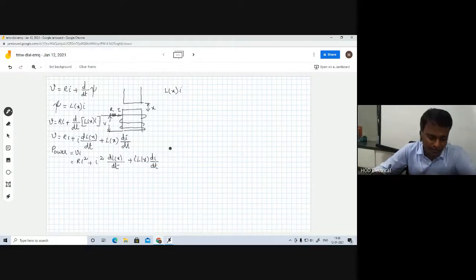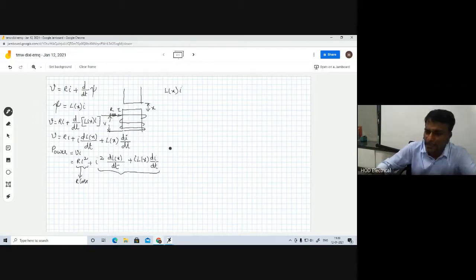I squared R is nothing but the resistive loss. The remaining terms consist of the mechanical movement output and the rate of change of magnetic field.